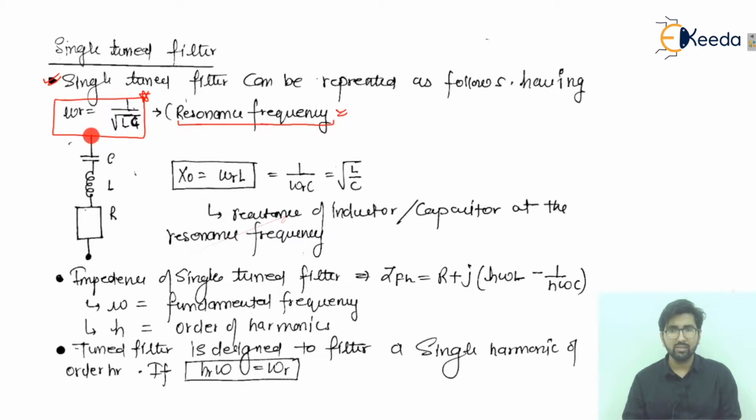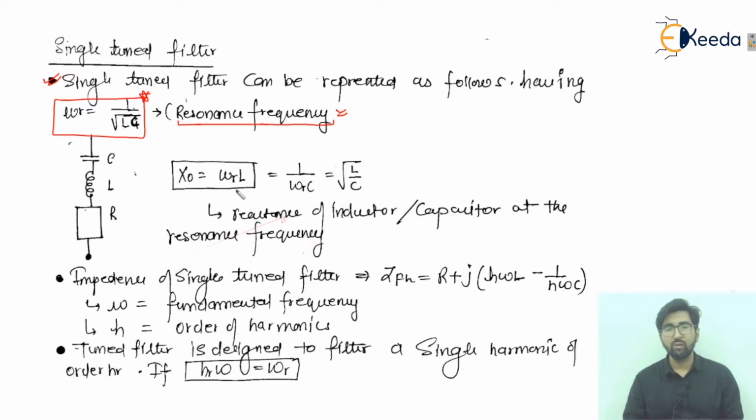Let us consider this point as A, and this point as B. The capacitor, inductor, and resistor are all connected in series with each other, such that if I find their X naught, or reactance value, it is going to be omega r L for the inductor. For the capacitor, it will be 1 upon omega r C, and this is ultimately going to be root L by C. This is your representation for the totality.